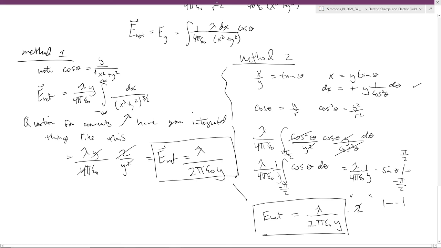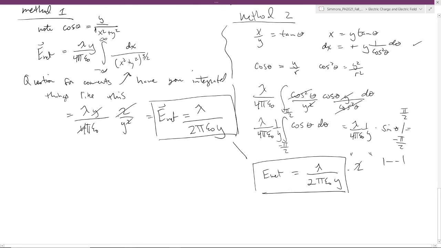I showed you these two methods because the thing that I want to show you next is going to use kind of what's on the left. The thing I really want to draw your attention to is the functional dependence.